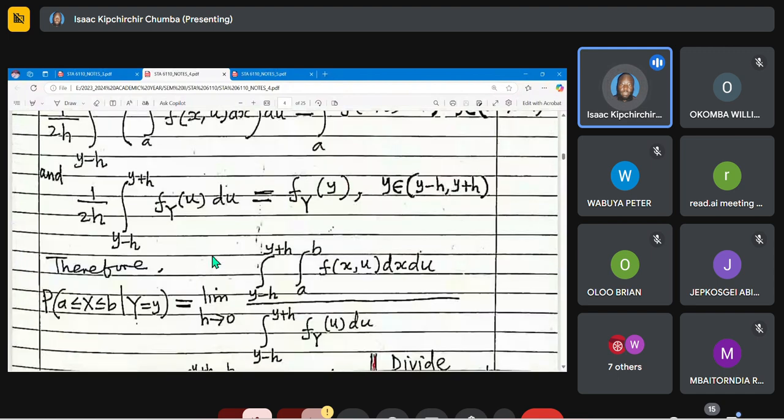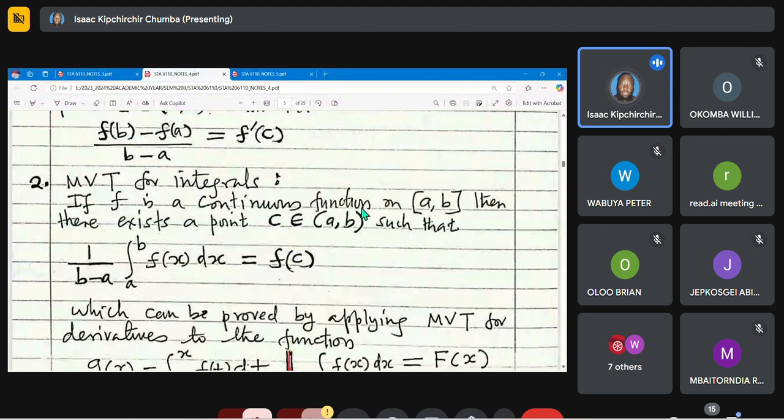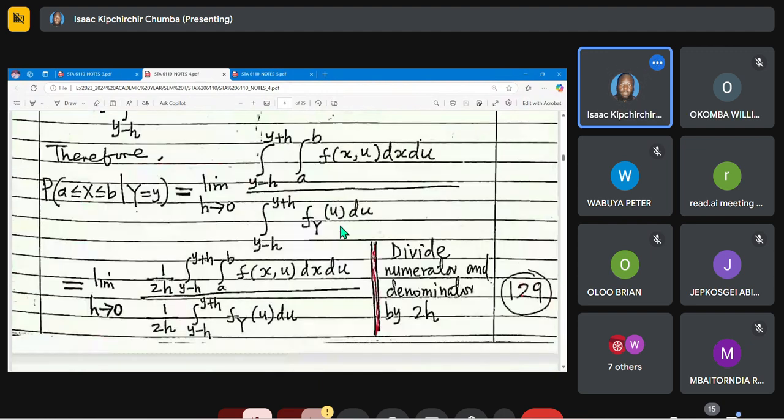So the whole idea of the mean value theorem for integrals: we have a function f which is continuous on a closed interval, then there exists a point c in the open interval so that the integral of that function over the interval AB, divided by the length of the interval, is f of c, where c is a point within the interval AB. So we are using that here to compute these probabilities.